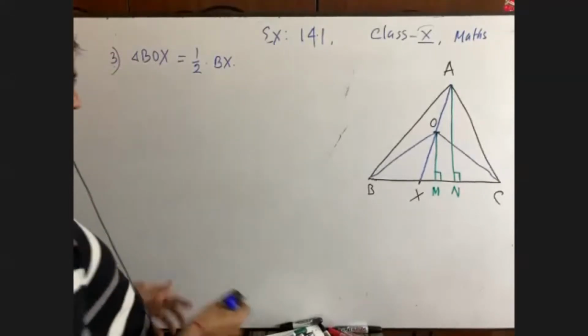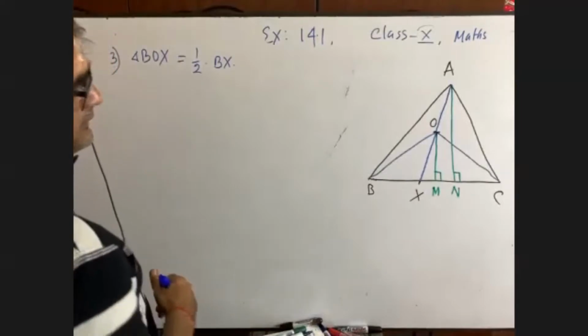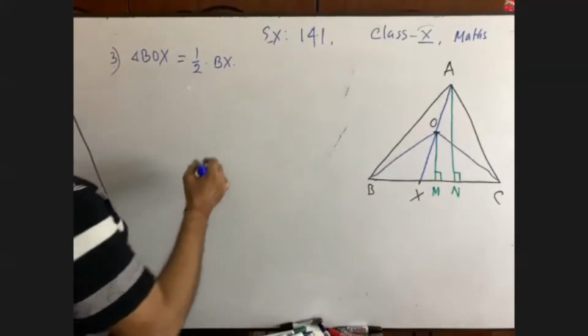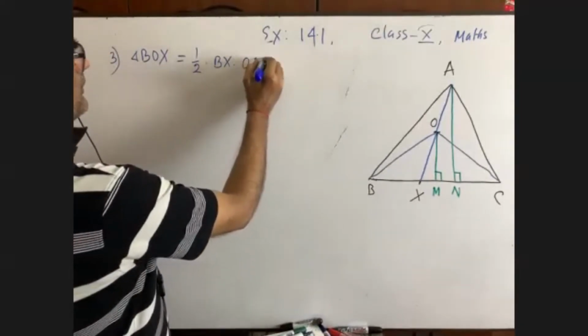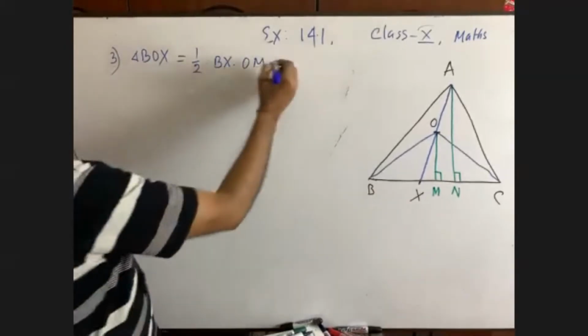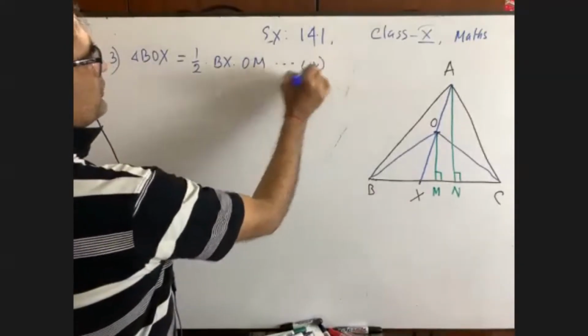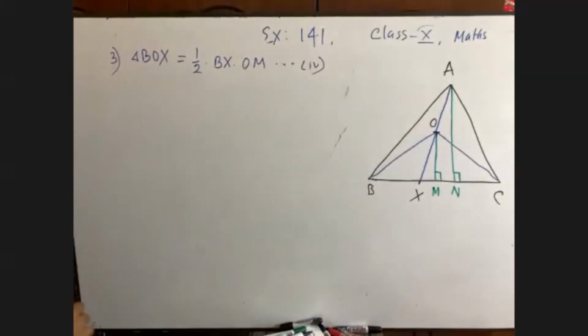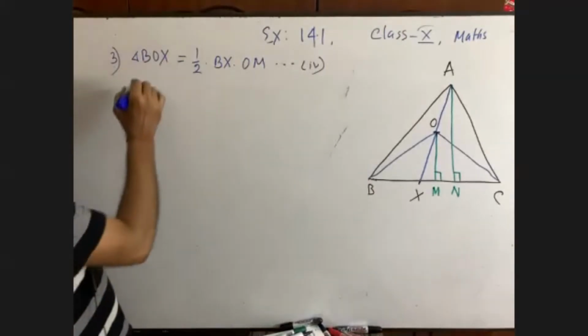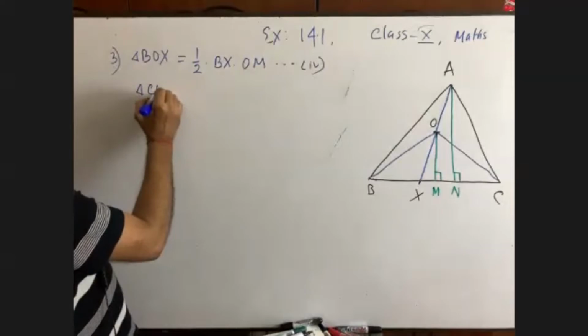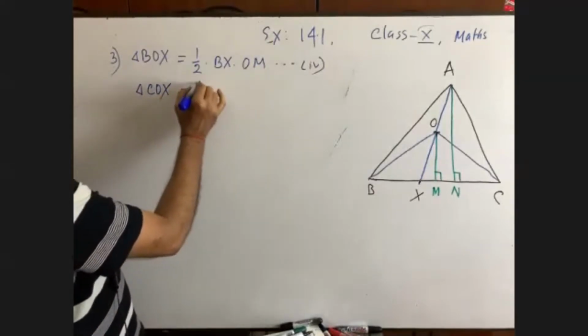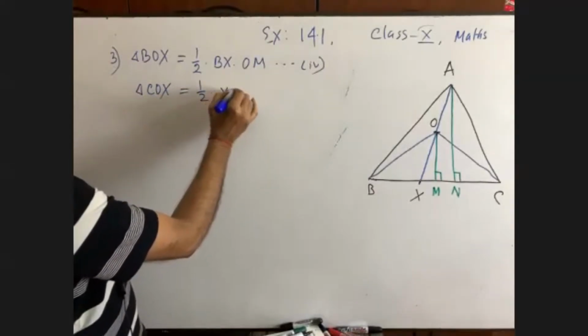It is OM. It is number 4. Now you write down triangle COX half into base into height.